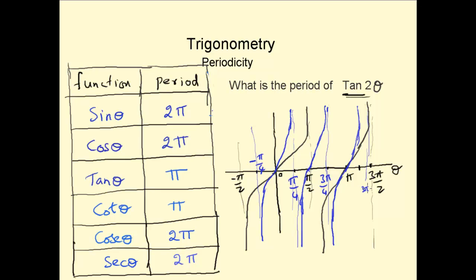Oh, sorry, 5 pi by 4. Actually, that's not the asymptote. The asymptote would be something closer to here. So this would be 5 pi by 4.